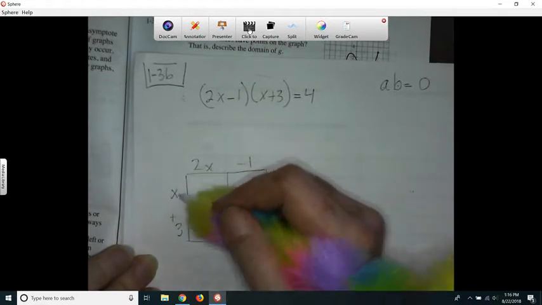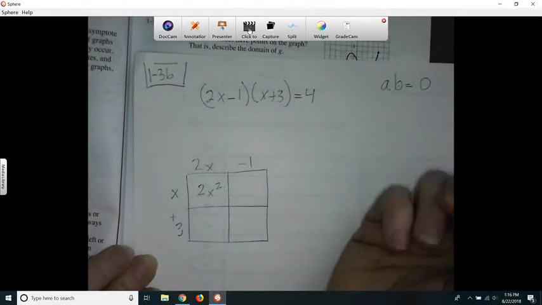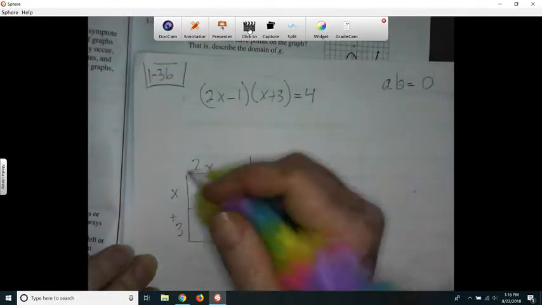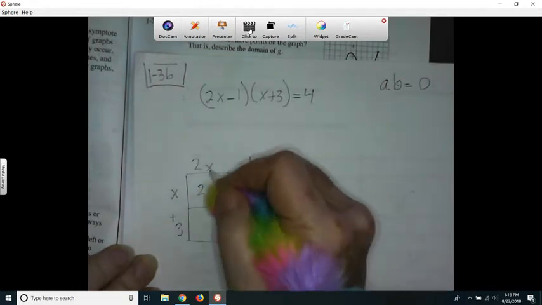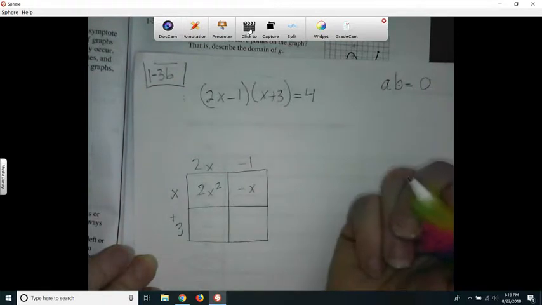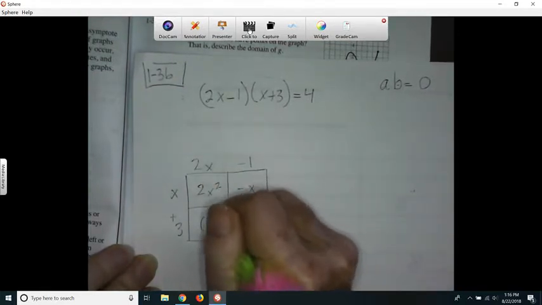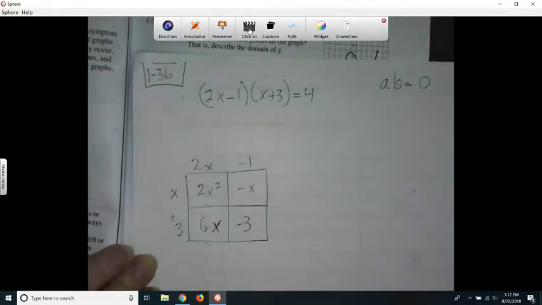So 2x times x is 2x squared. And you can think of algebra tiles if you've ever used those. It's 2x squared. x times -1 is negative x. 2x times 3 is 6x. And 3 times -1 is -3.